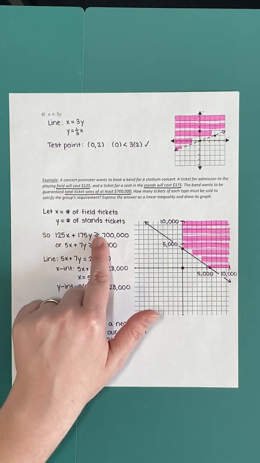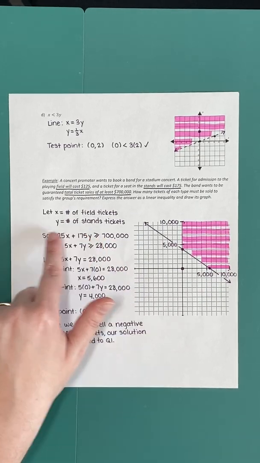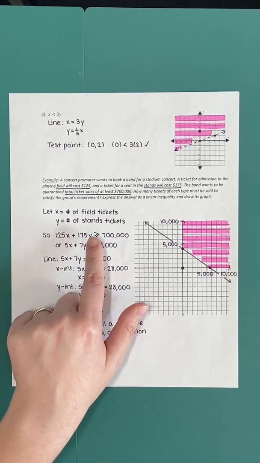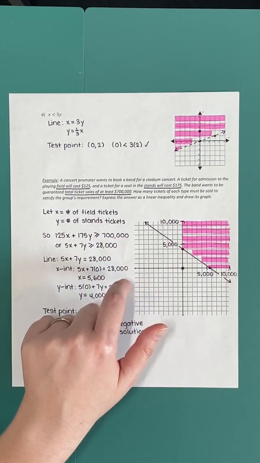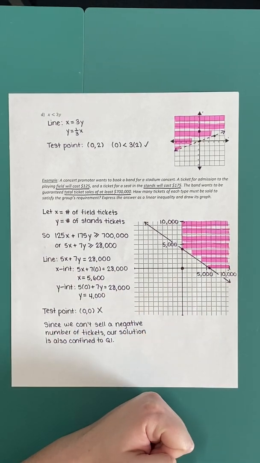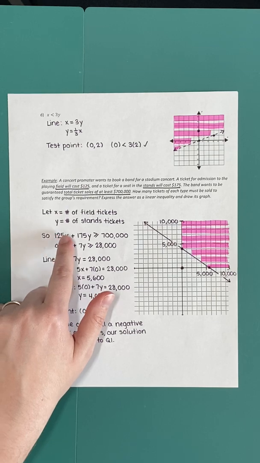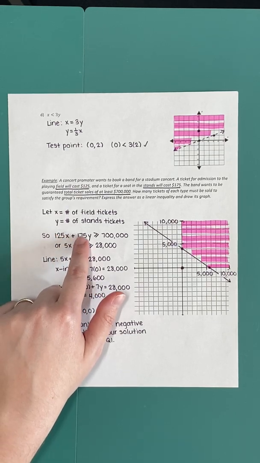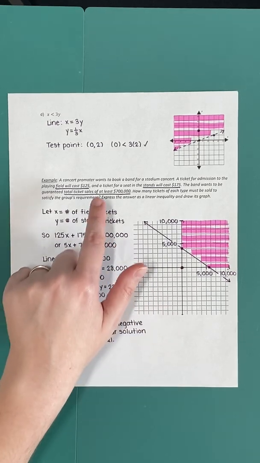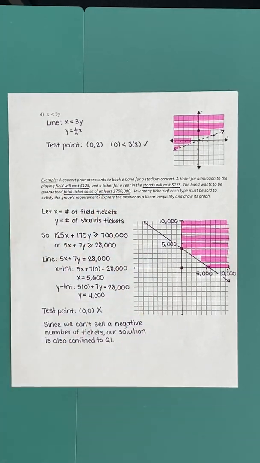The equal to part allows the total sales to be exactly 700,000. The greater than part tells us as long as we pass the 700,000, that would be fine as well. So 125x plus 175y is greater than or equal to 700,000. That is the inequality representing our sales in this situation.